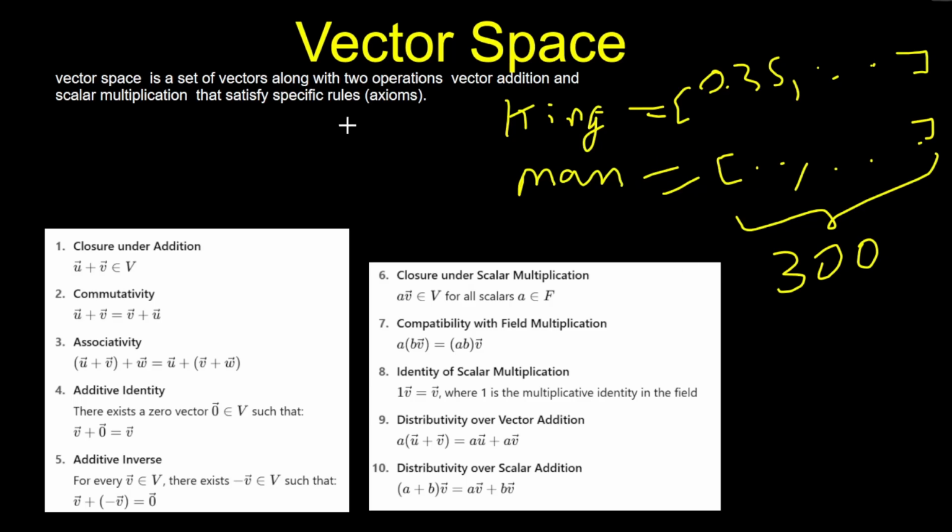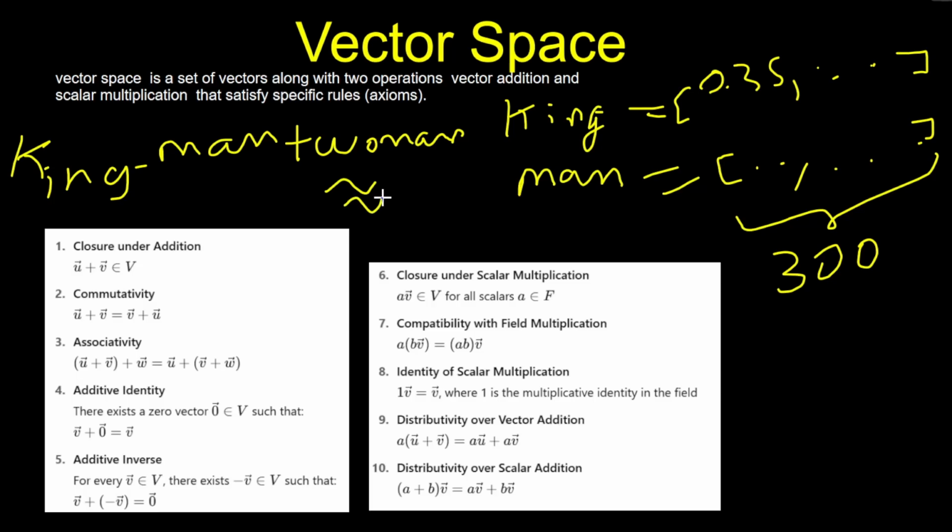So there is a famous equation called king minus man plus woman is approximately equal to queen. So logically, this is true. We have king, we remove man, and we just add woman, we'll get a queen.